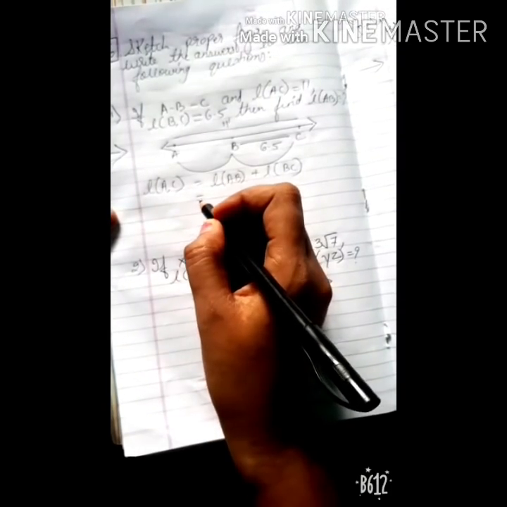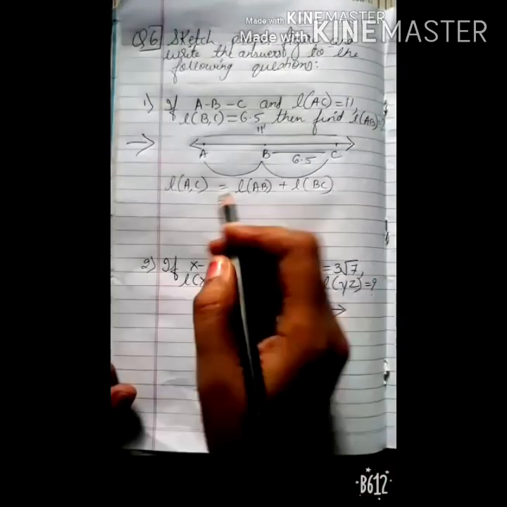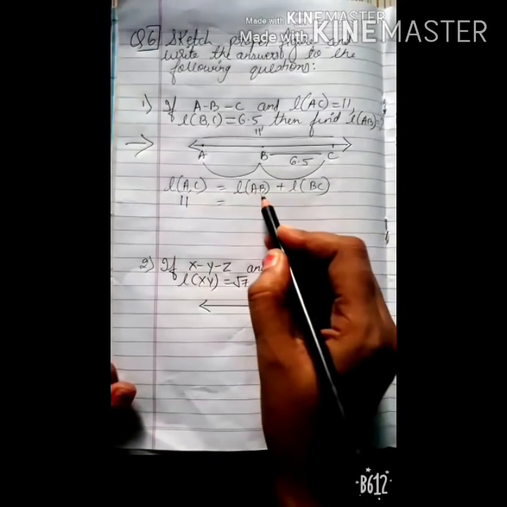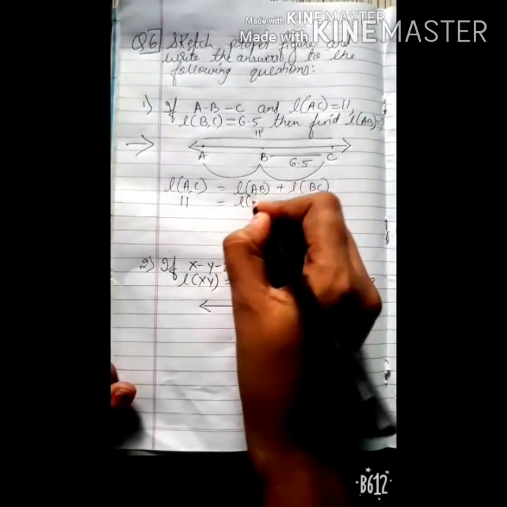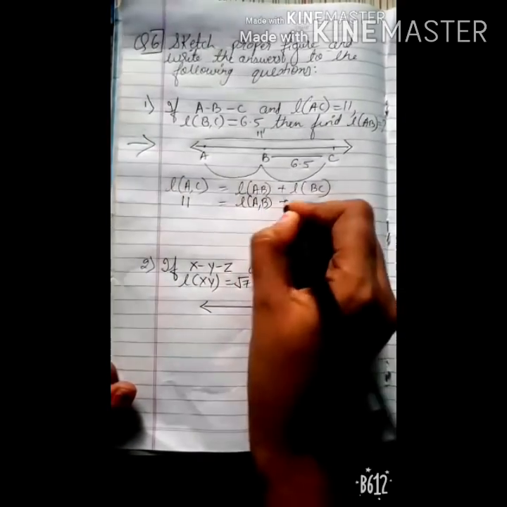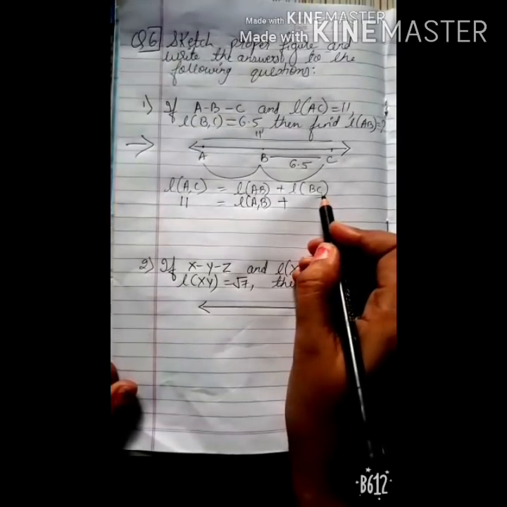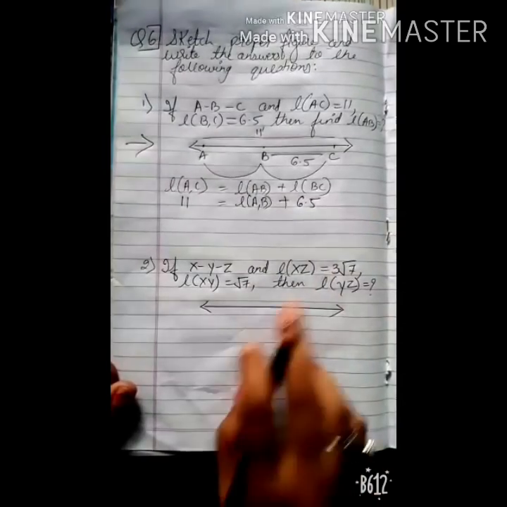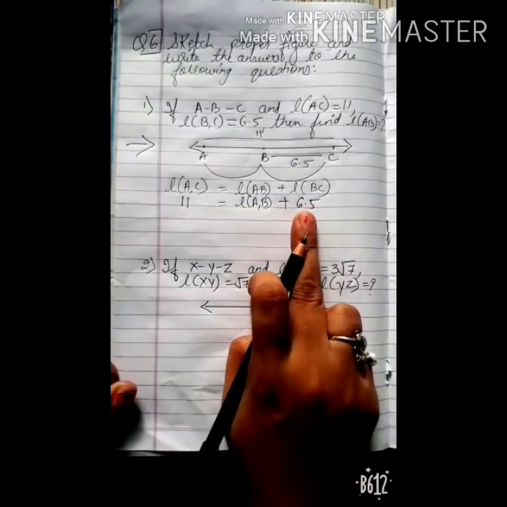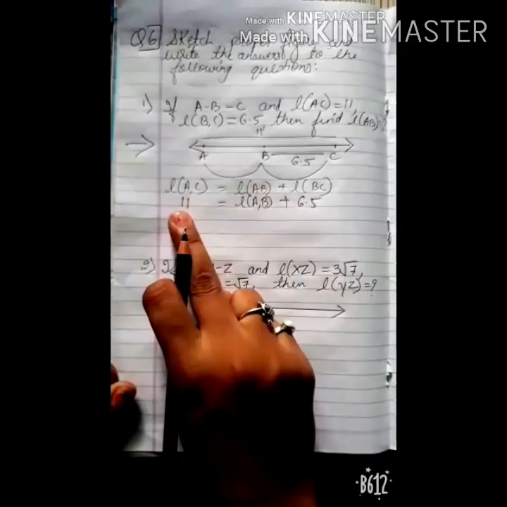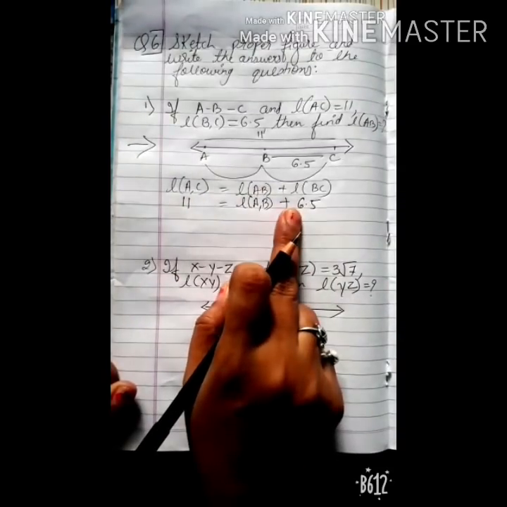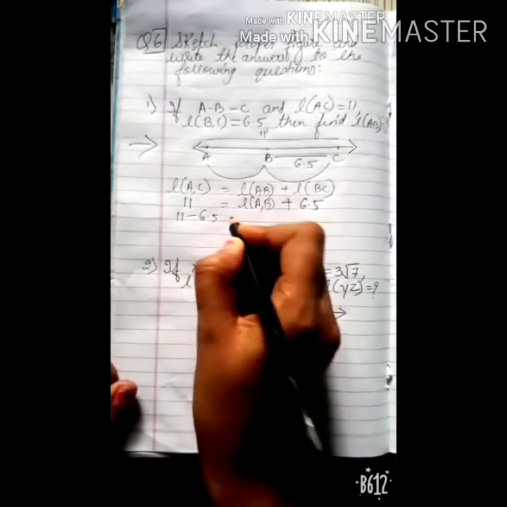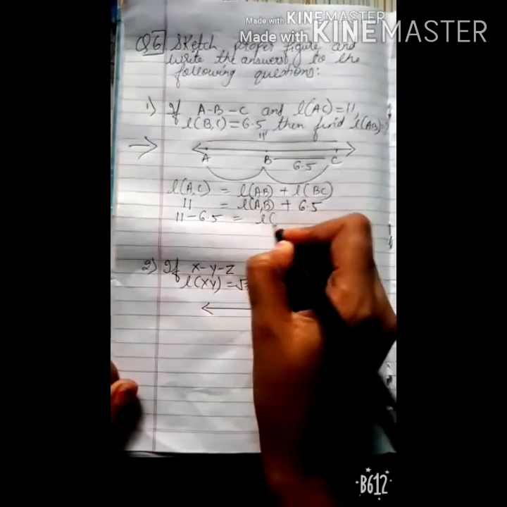Now, we have length of AC given 11. Length of AB we have to find. So, we write as it is, length of AB plus length of BC, which is given 6.5. It will move to the left side, so the positive sign becomes negative. It means 11 minus 6.5 equals length of AB.